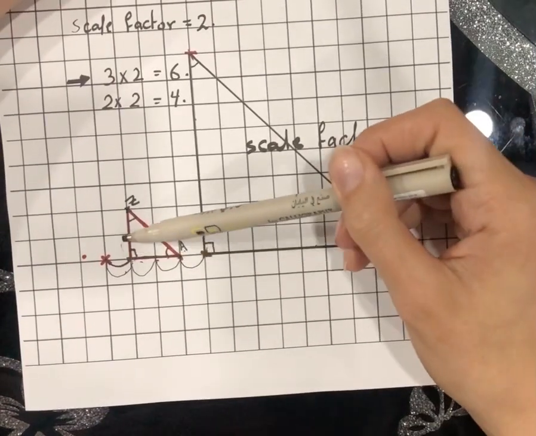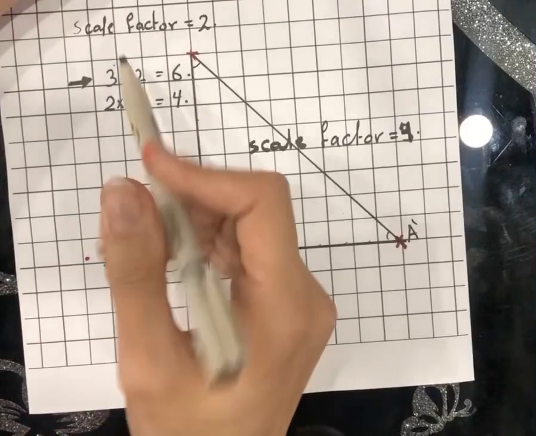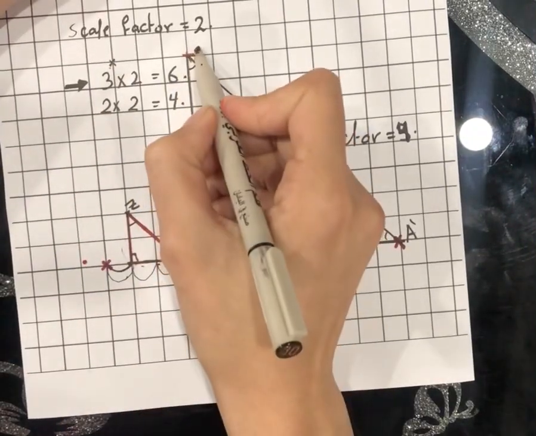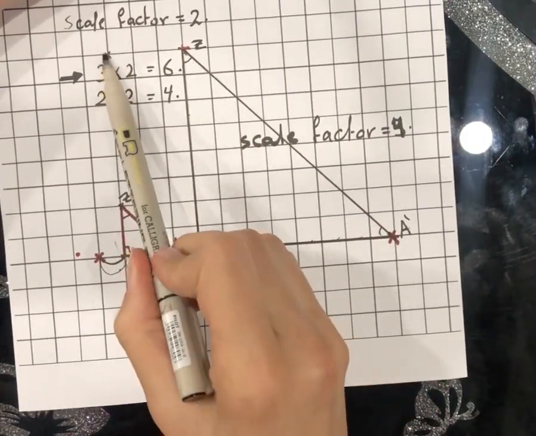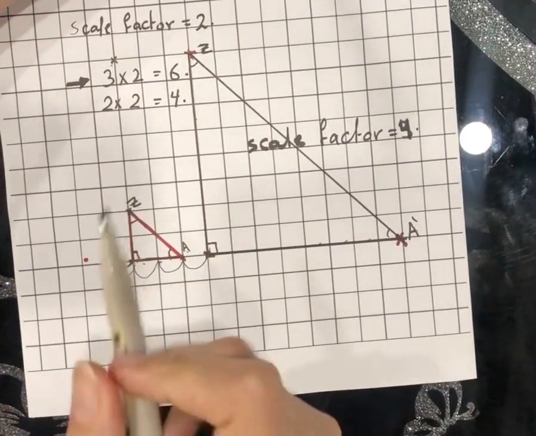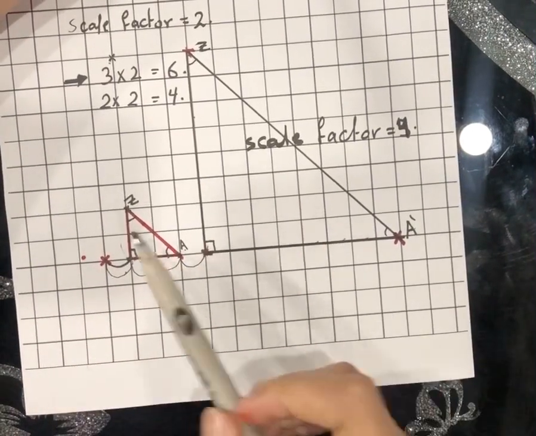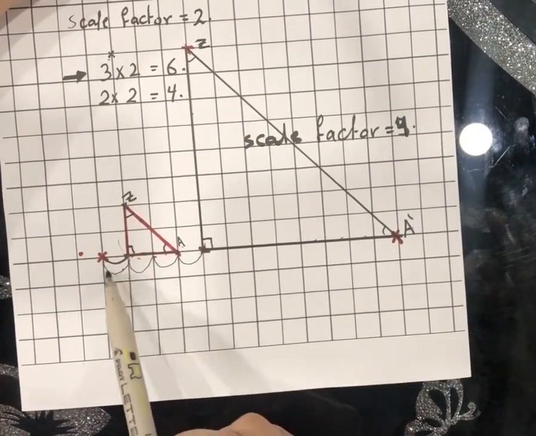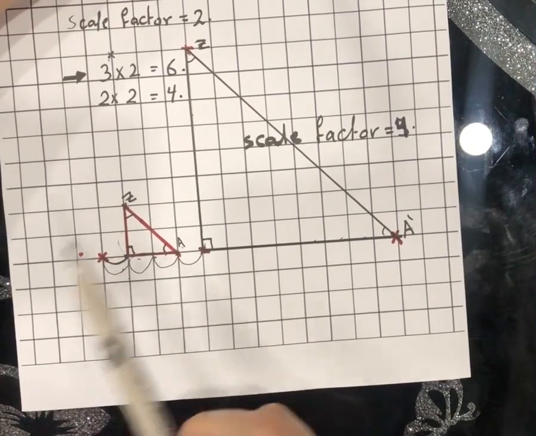So we'll count 1, 2, 3, 4, 5, 6, 7, 8. But as you may see, point Z after enlargement is over here, not over here, because you need to take into consideration that it is the base and the height that we multiply by the scale factor, from the center of enlargement.